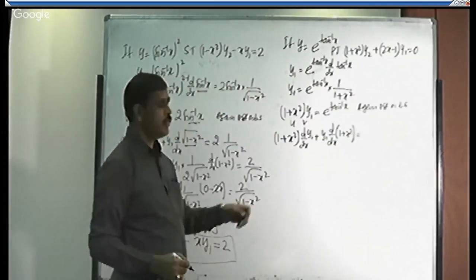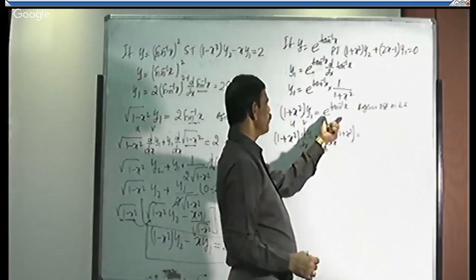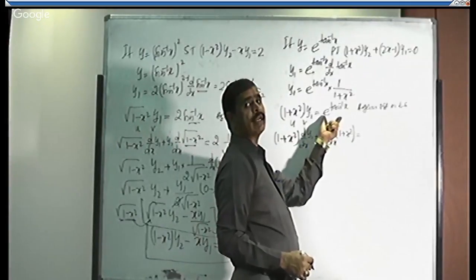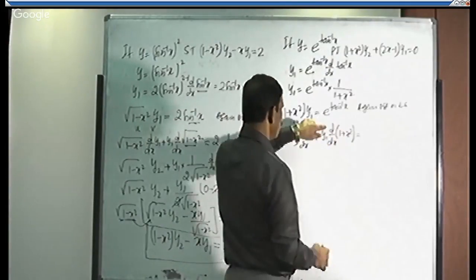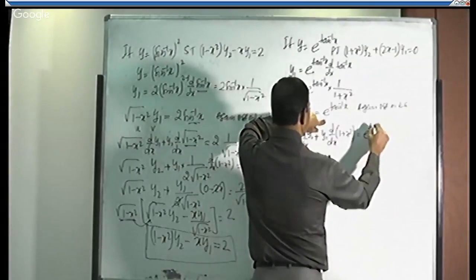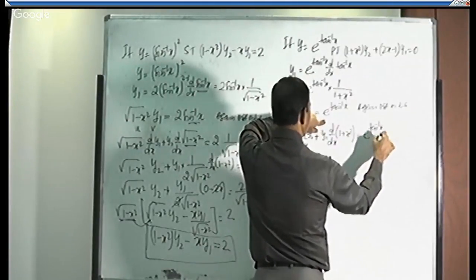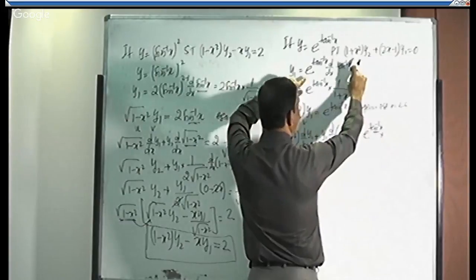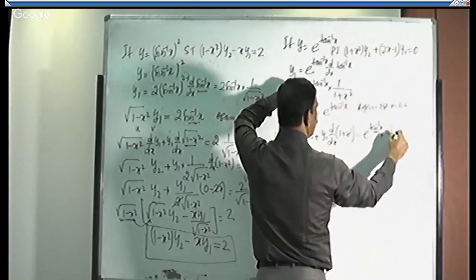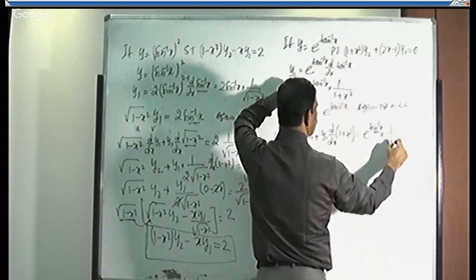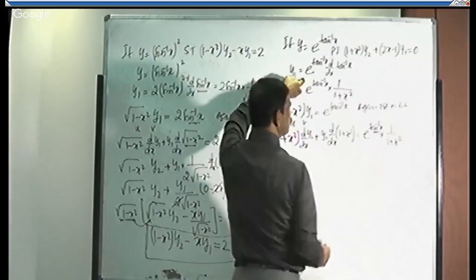Differentiate the right side. What is right side term? It is e to the power of tan inverse x. Correct? E to the power of tan inverse x into differentiation of tan inverse x, like in the beginning only, 1 by 1 plus x square. Correct?